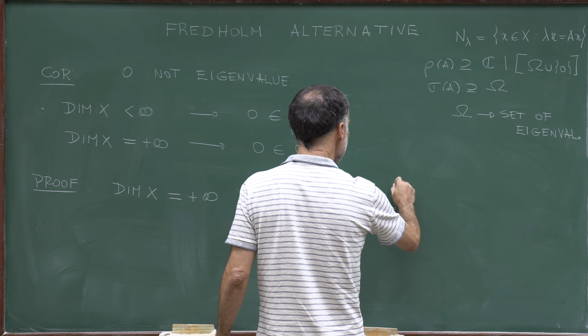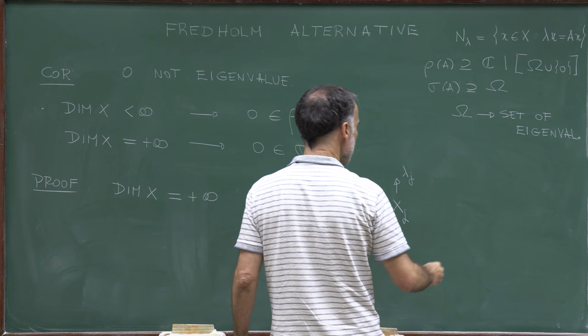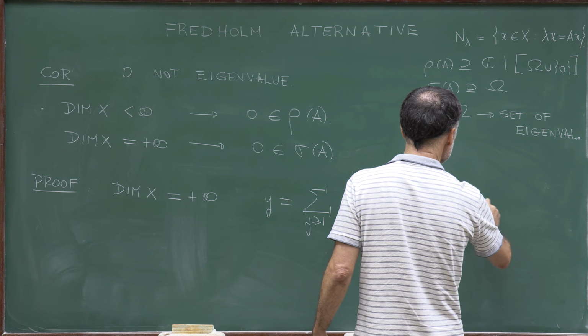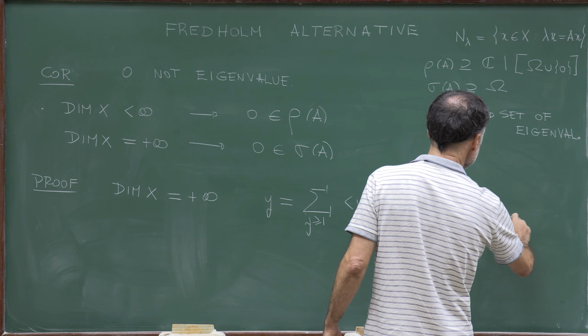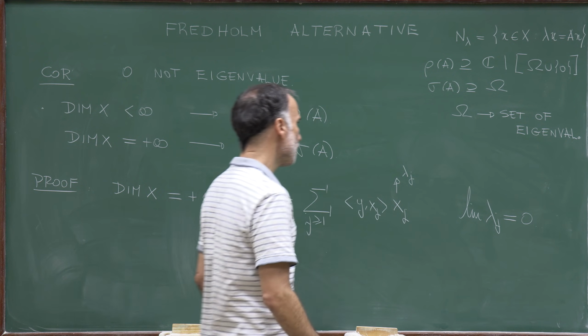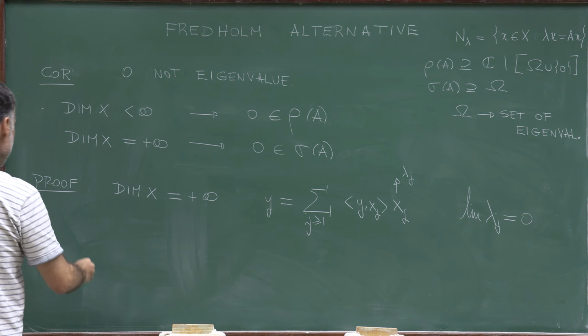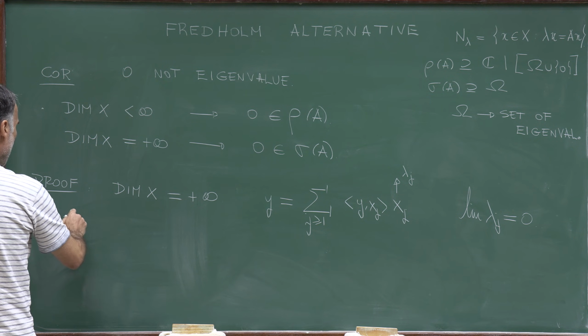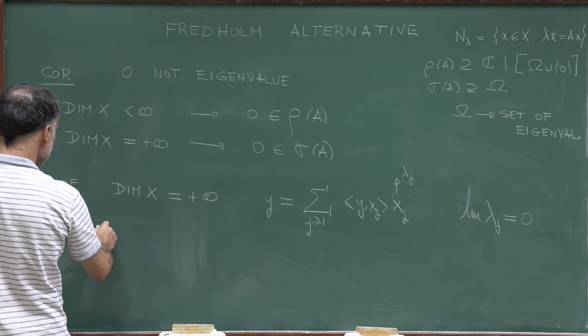So this is an eigenfunction associated to lambda j, and we have that the limit of lambda j is equal to 0. Okay? And what I claim is that A minus 1 cannot be bounded.